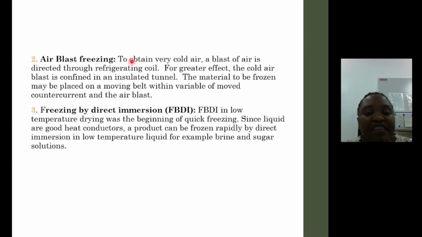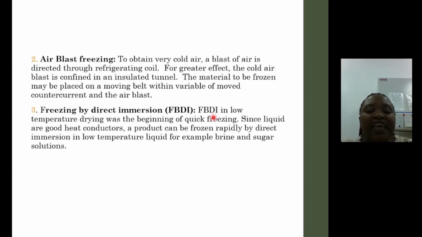In air blast freezing, to obtain very cold air, a blast of air is directed through a refrigerating coil, and for greater effect, the cold air blast is confined in an insulated tunnel. The material to be frozen may be placed on a moving belt, moved countercurrent to the air blast, so that it is moving against the cold current.